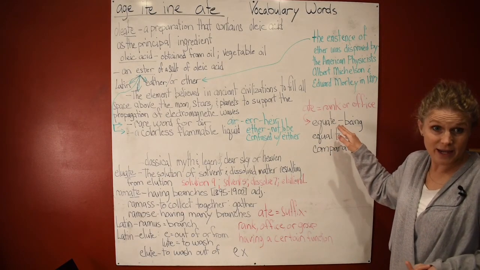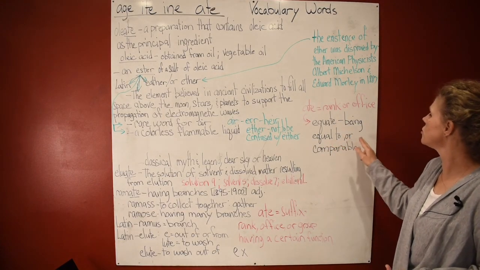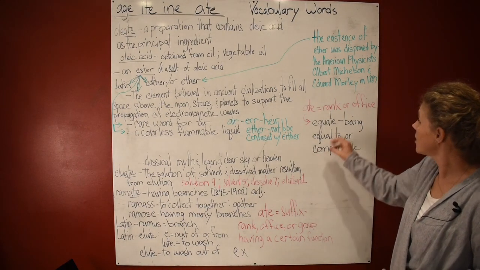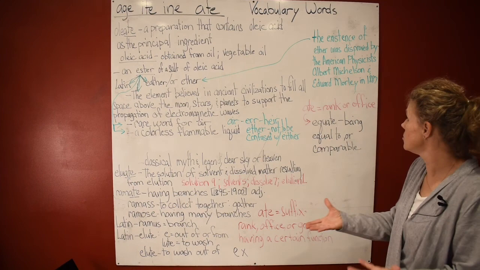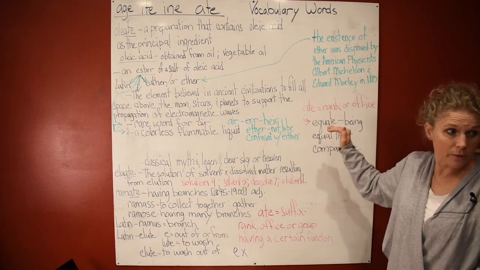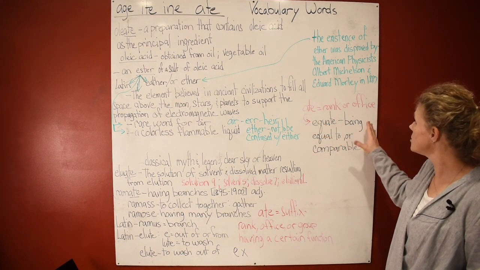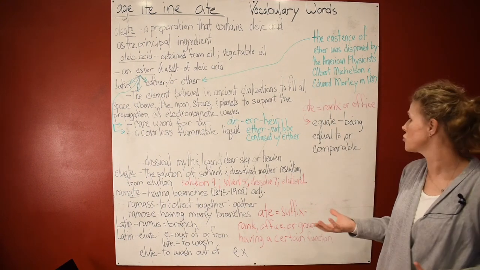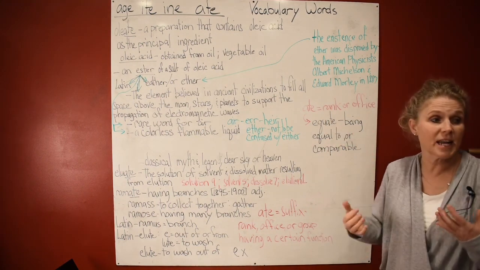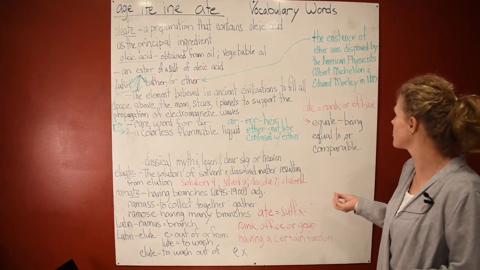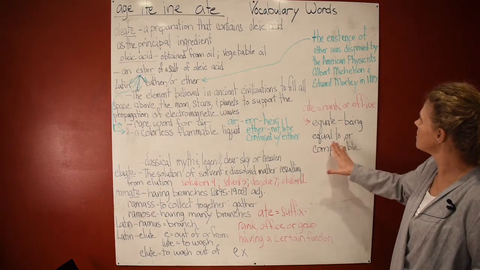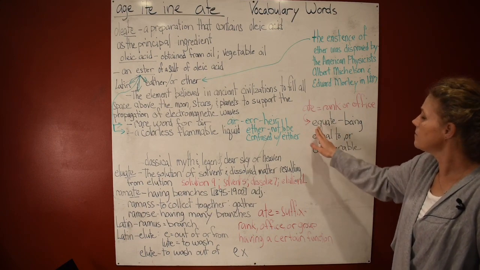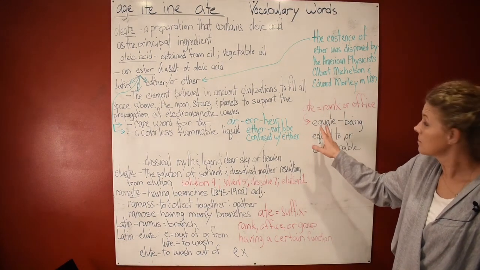Okay, equate. It means being equal to or comparable to whatever it is that you're wanting to use. So are we going to use this word properly? When you're wanting to use this word, let's say it's a dictionary word or your vocabulary words at school, and you're trying to understand this and actually use this in a sentence properly, let's figure out what it means. Well, we have equa, that means equal.